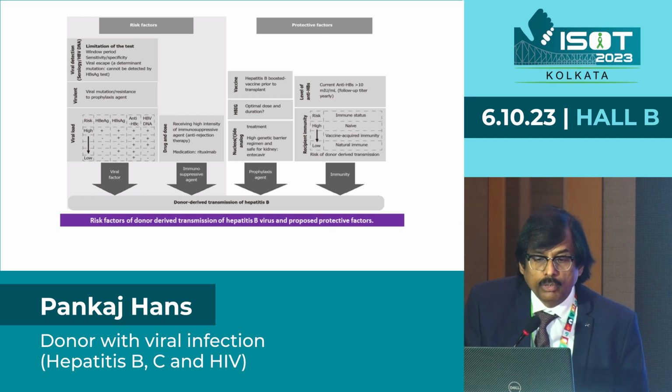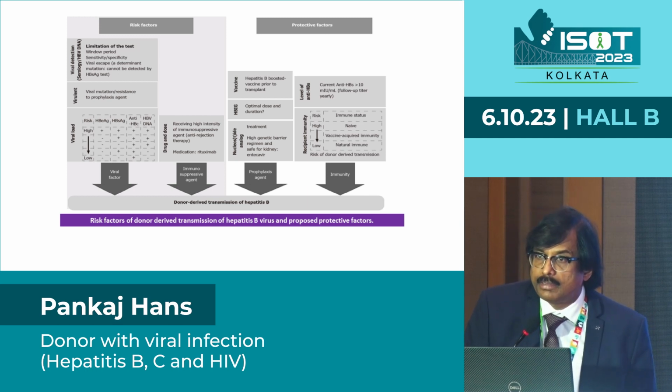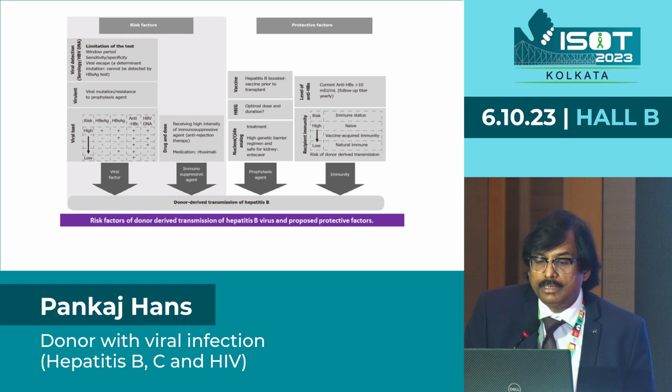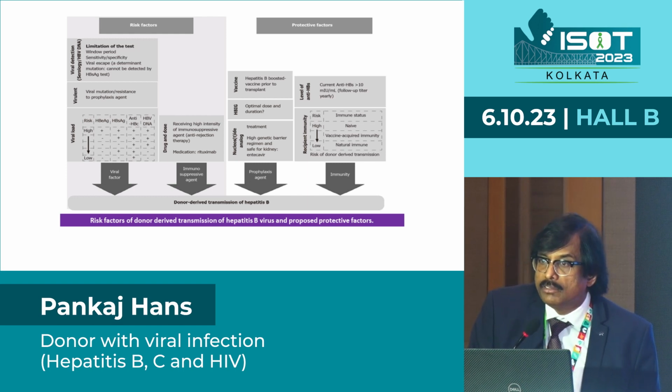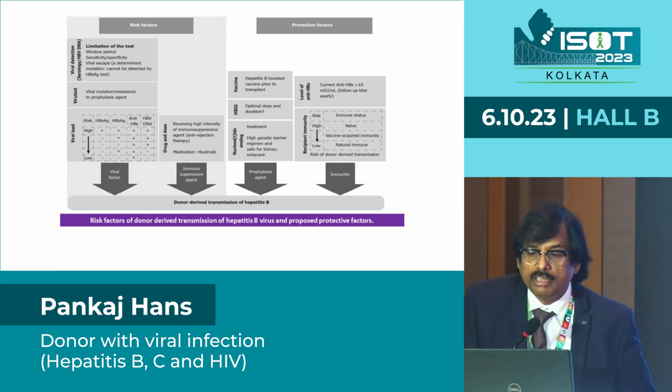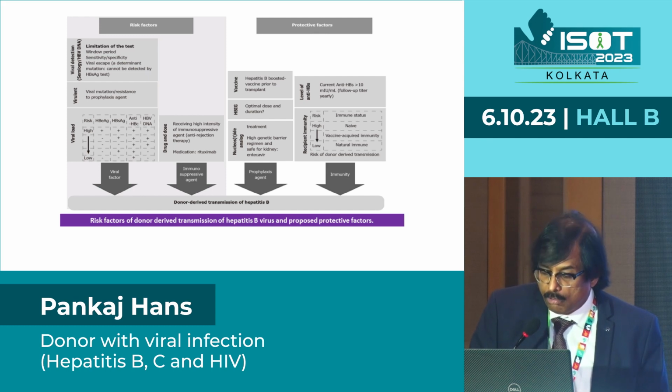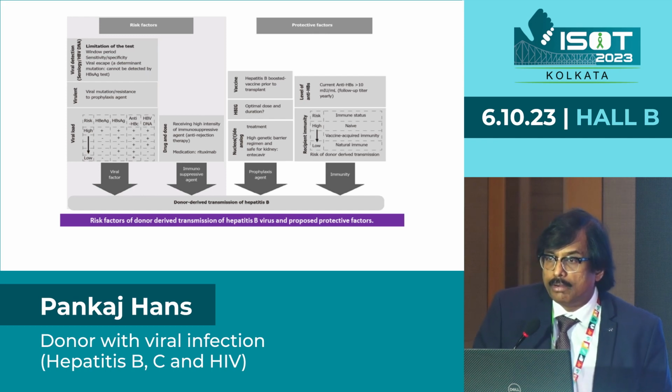Risk factors include the viral factors that we have just discussed. If the recipient has been given ATG or rituximab, then the chances of infection in the recipient are higher. Prophylaxis includes hepatitis B vaccination, use of hepatitis B immunoglobulin, antiviral drugs, and vaccination of the recipient also.